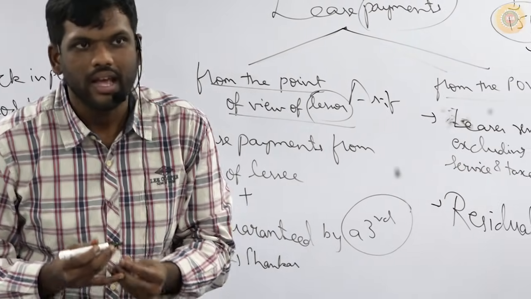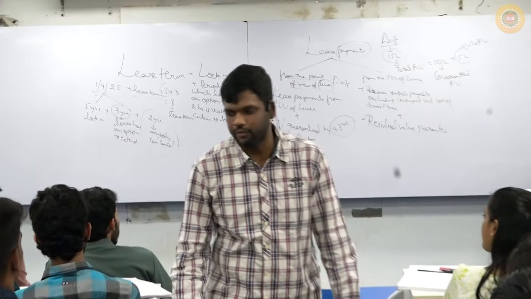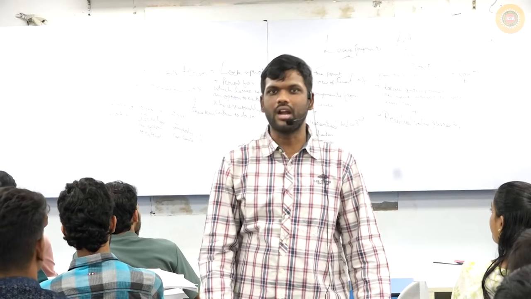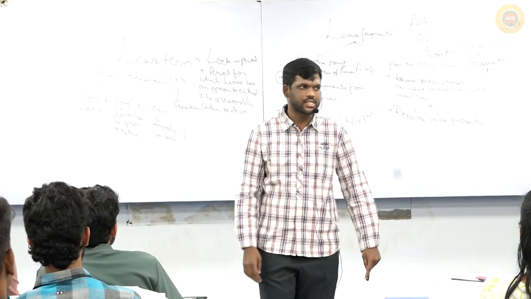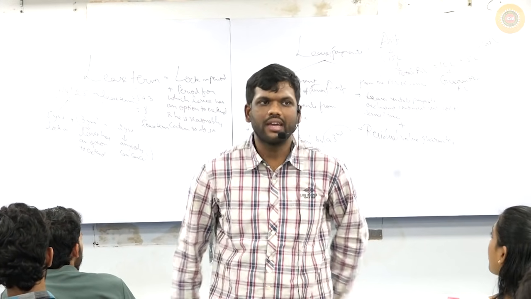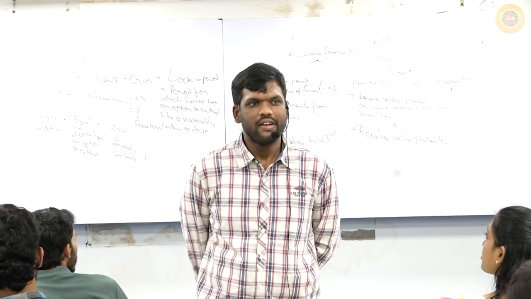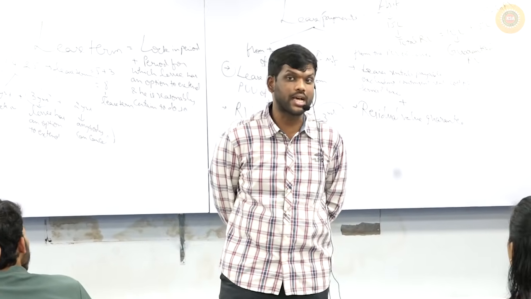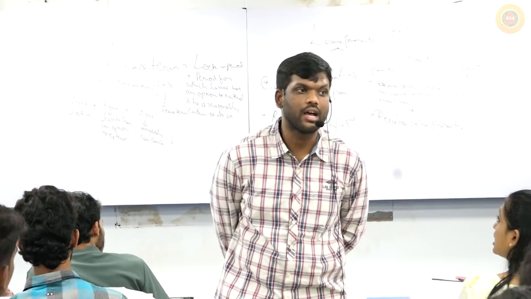So tell me, from the perspective of lessee, how will you calculate lease payments? Fixed rental included or not included? Contingent rent, cost of service, taxes, residual value guarantee given by lessee. From the perspective of lessor, first you will include whatever is included from the perspective of lessee, plus residual value guarantee given by a third party.